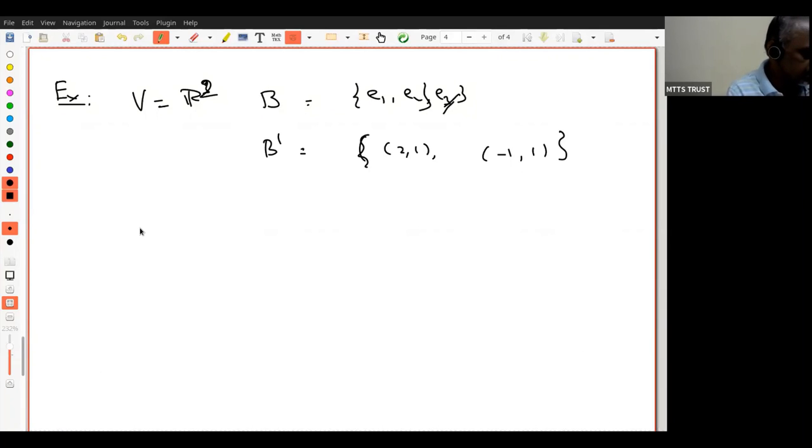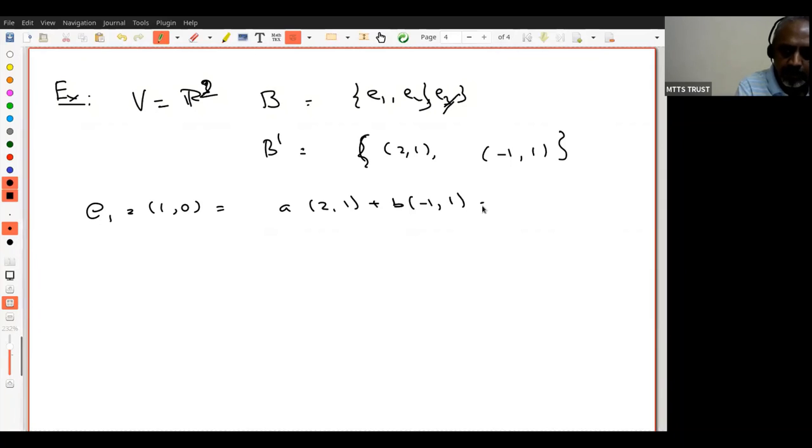Okay. So what I will do, I will try to write E1, the standard basis (1, 0), in terms of this. Therefore, that means A times (2, 1) plus B times (minus 1, 1). This gives me (2A minus B, A plus B). This is equal to (1, 0).